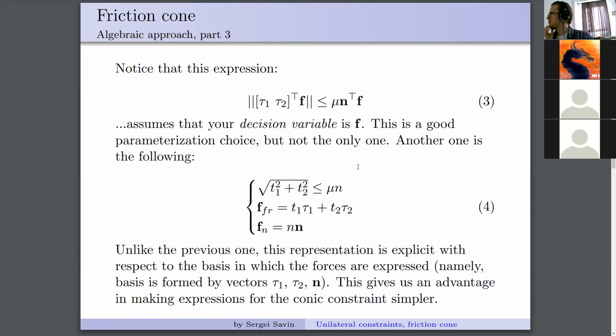Ask any questions if you have them. Notice that here our parameters or our decision variables are T1, T2, and scalar n. What does it give us? Well, original f can be expressed in any coordinate system.